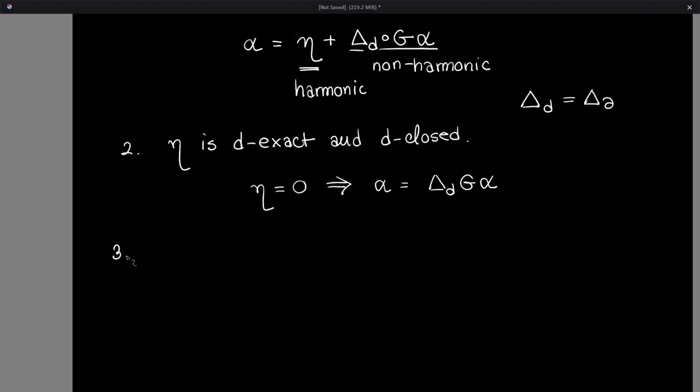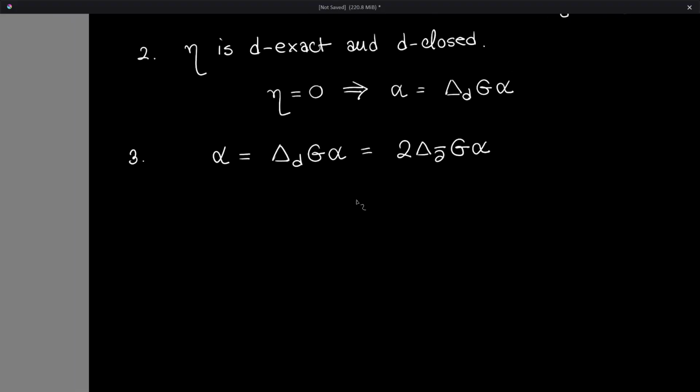Number 3, step number 3 involves expanding the d Laplacian. So alpha is equal to delta d G alpha, which is equal to 2 partial bar dagger partial bar G alpha, right, there should be a 2 here. Let's expand this out. 2 partial bar dagger plus partial bar of G alpha.